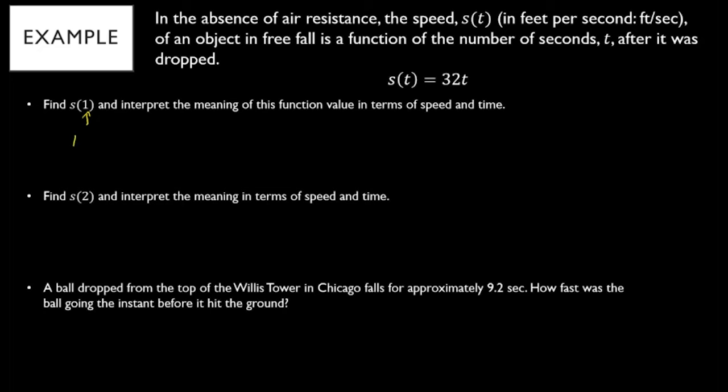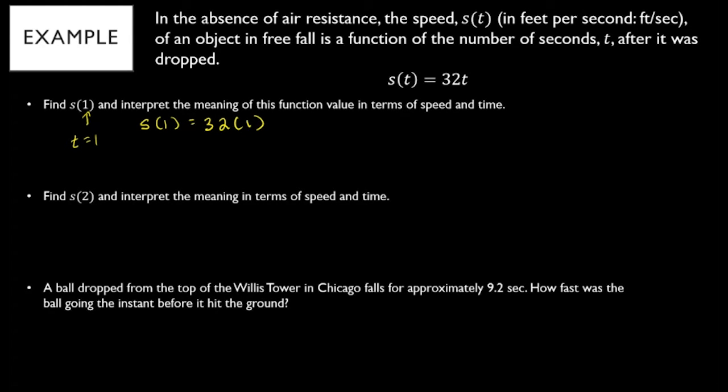It's just telling us to plug in 1 for t. So s of 1 will be 32 times 1. When you are finding a function value, you are evaluating, which means you follow the order of operations, and you only work on the right side of the equation.